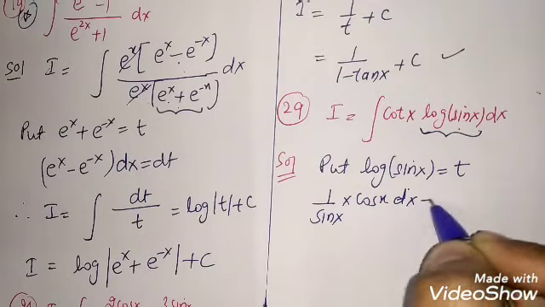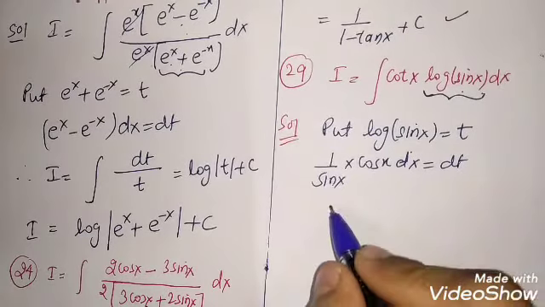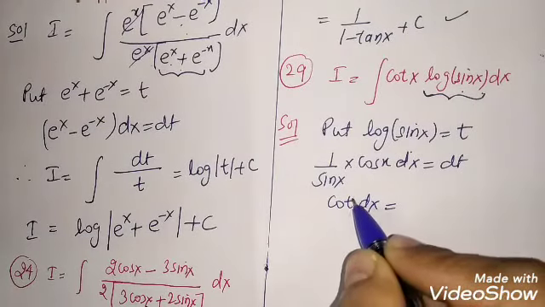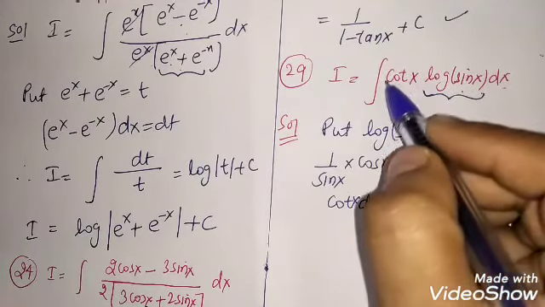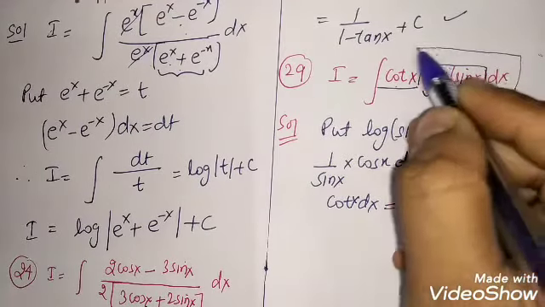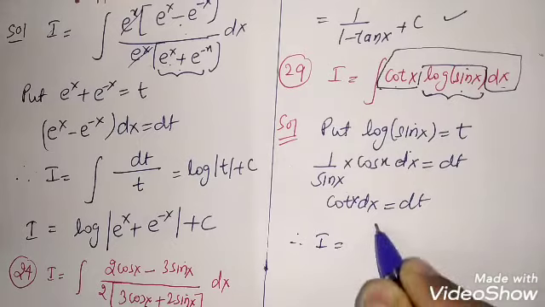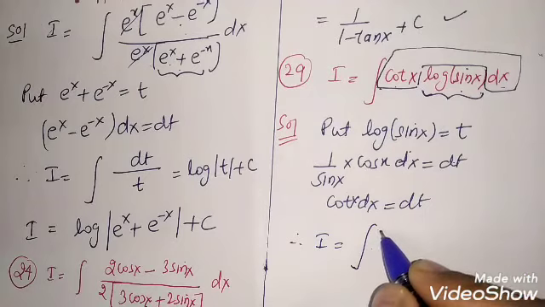Simply we can say, you concluded one thing, that cot x dx is equal to dt. Put the value of cot x dx, this whole thing is equal to dt. Therefore the integral is equal to the integration of t dt.